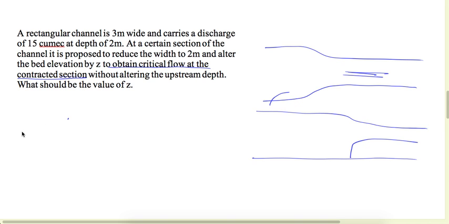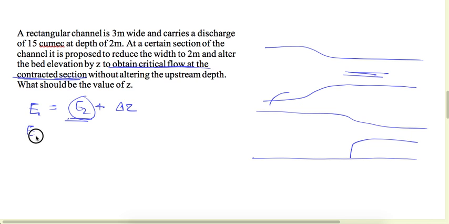And so the equation which we know for the hump case is E1 is equal to E2 plus delta Z. But here this E2 will be corresponding to the critical condition, because this is asking for the contracted section should be at critical condition.